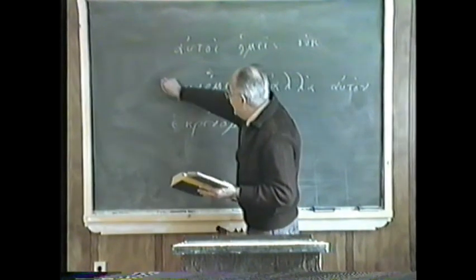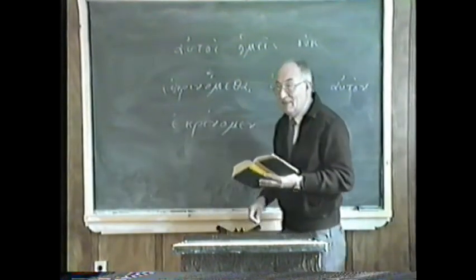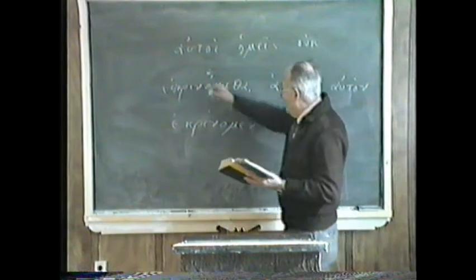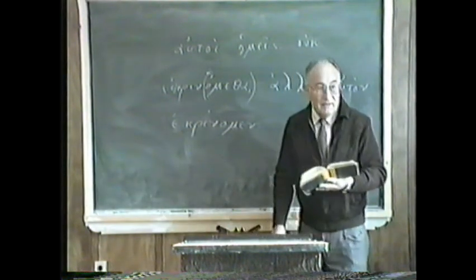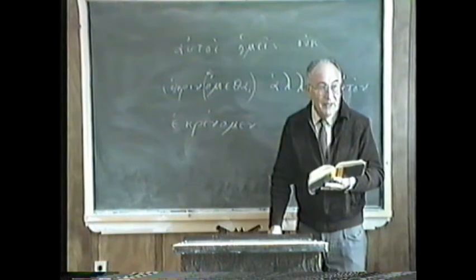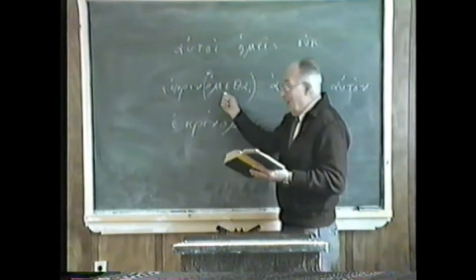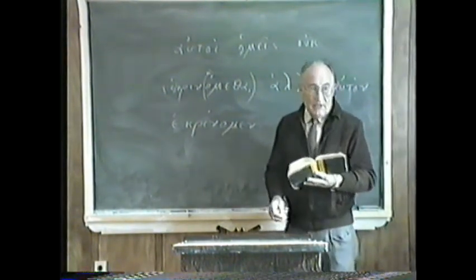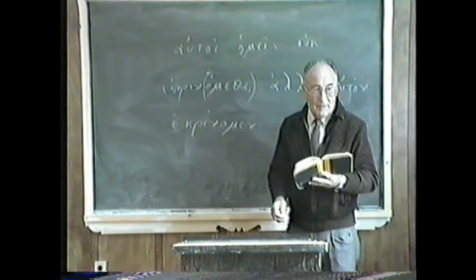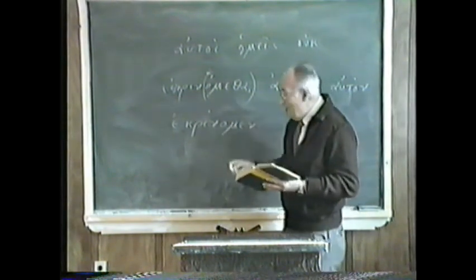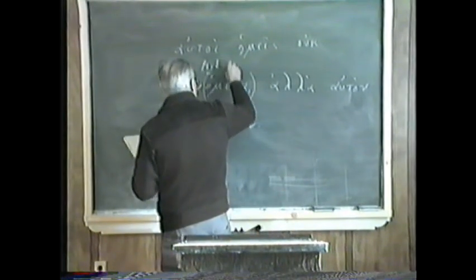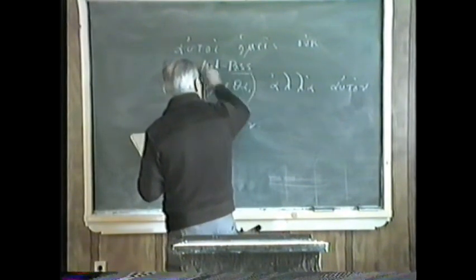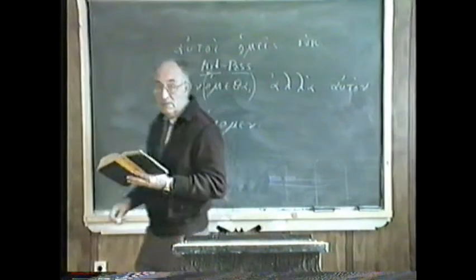Because it's got an augment, right? I know it's first person plural by the ending, right? Ametha. Now then, I have to make a choice between whether it's a middle or a passive voice, don't I?